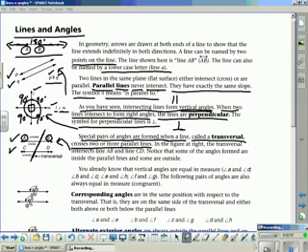Lines A, B, C, and D create angles here. We have the outside angles because they're outside of the transversal, and we have the inside angles here. Inside angles are marked by those lines, outside are marked by the X's. Okay?